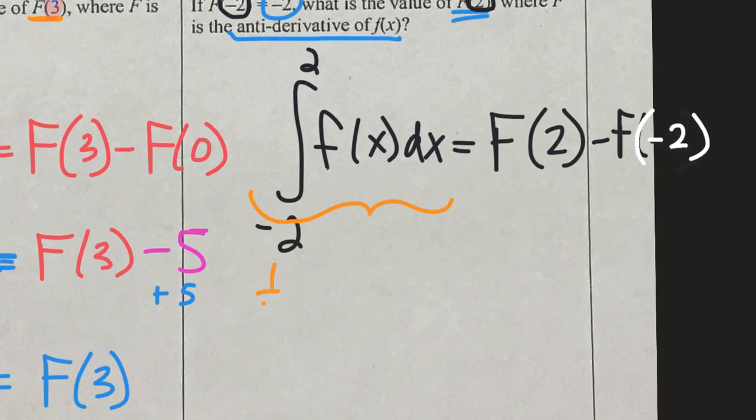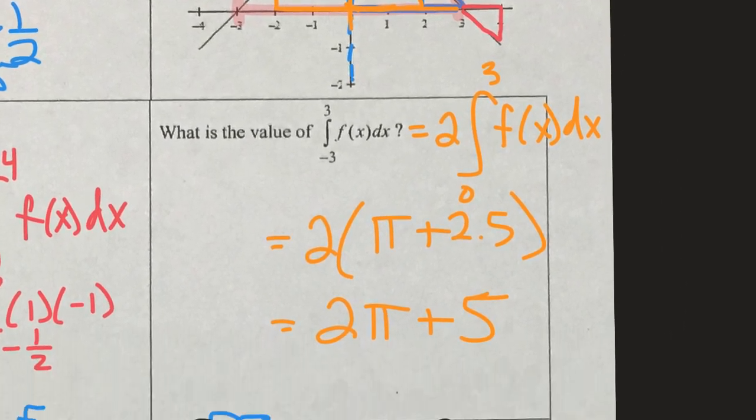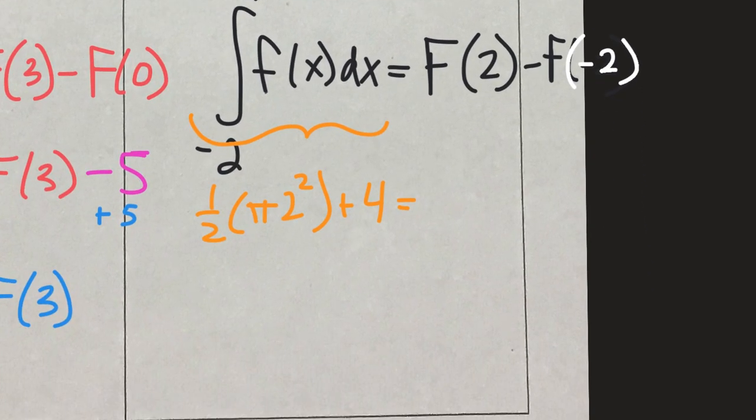This is half of a circle, so half of pi times 2 squared, plus a rectangle of 4 units. It's 4 units wide from -2 to 2, and it's 1 unit tall. So that's the area underneath my curve from -2 to 2, which turns out to be 2 pi plus 4.